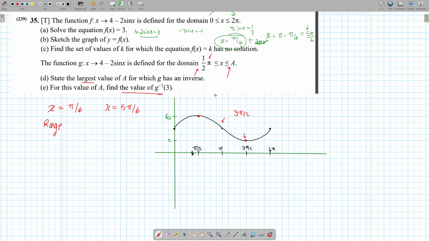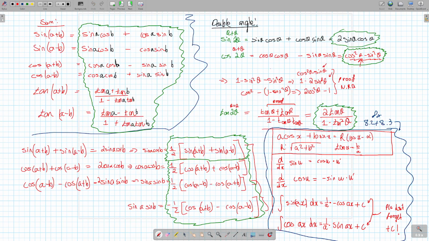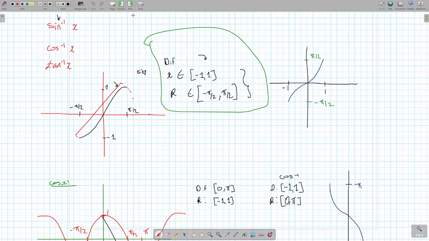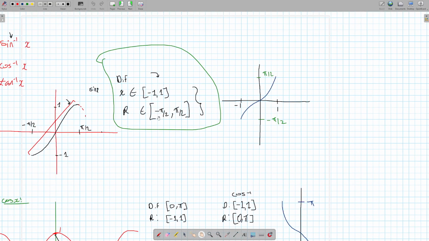And I taught you that for an inverse function, the range of the inverse takes the domain of the actual function. I did this all in 8.3 when I explained how I got these.